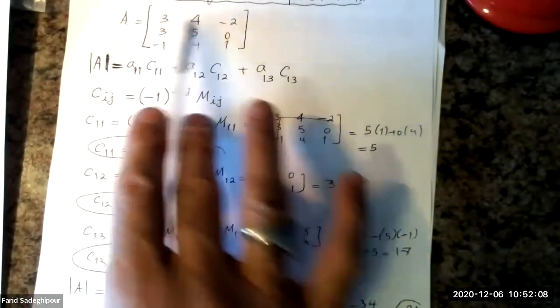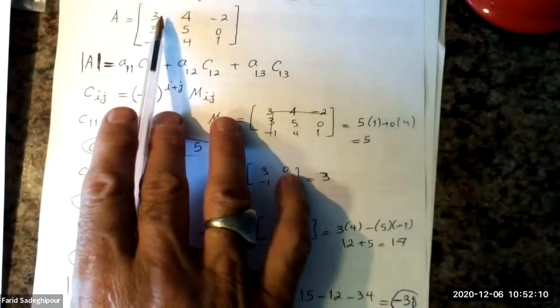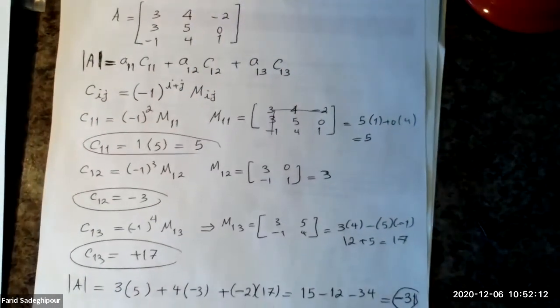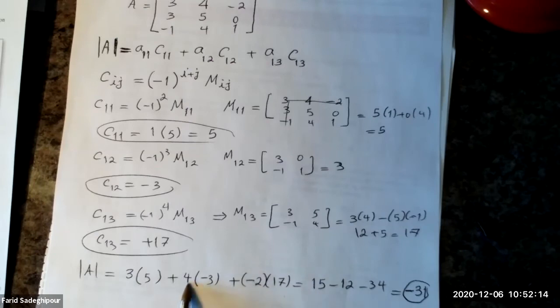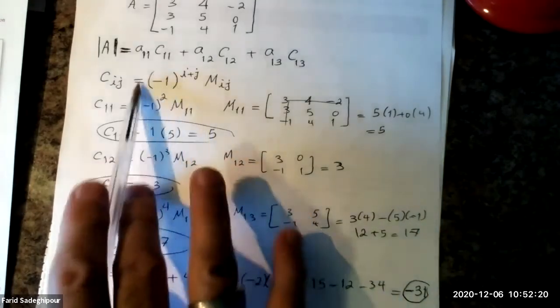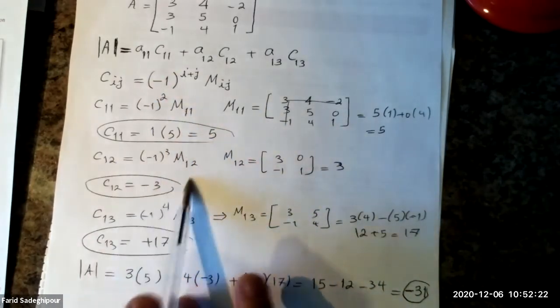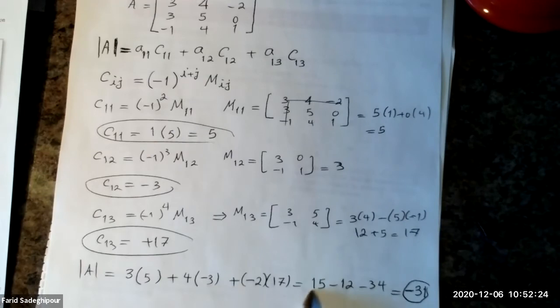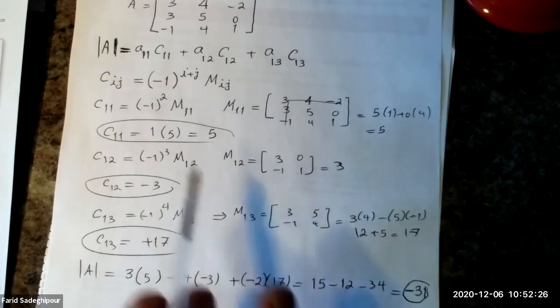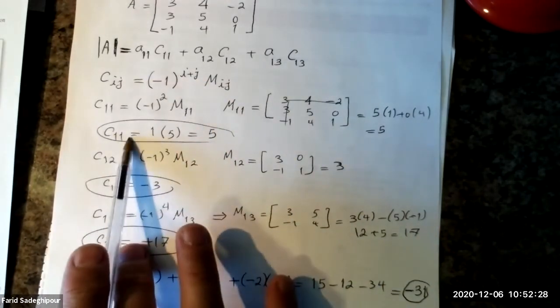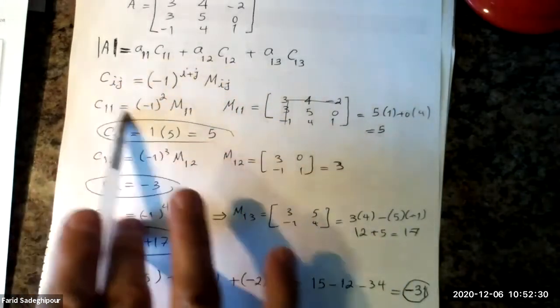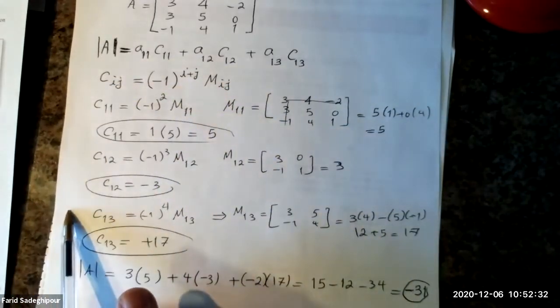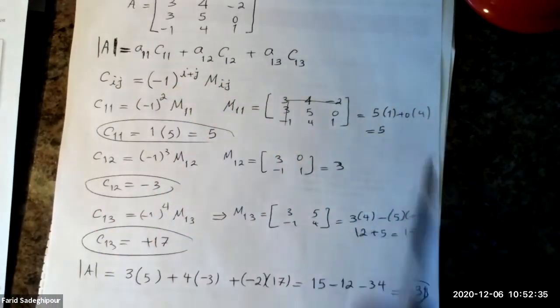So I took this one. The first row is 3, 4, -2. And then all I need to do is find these three that I showed you here: C11, C12, C13, and then you put it back here. How do I find C11? That's how to do it. How do I find M11? And so on.